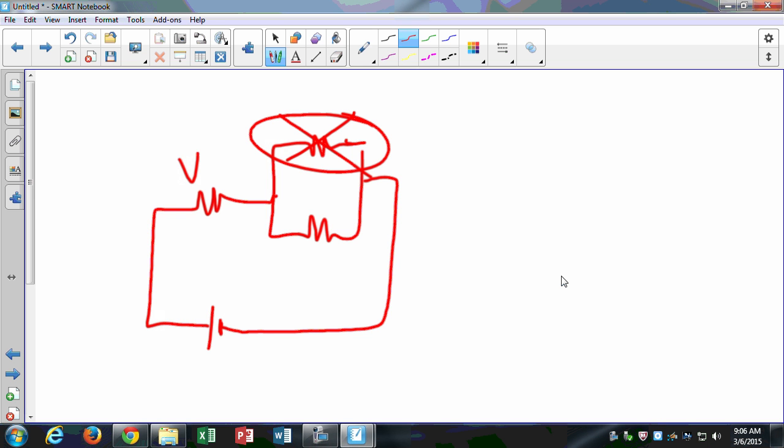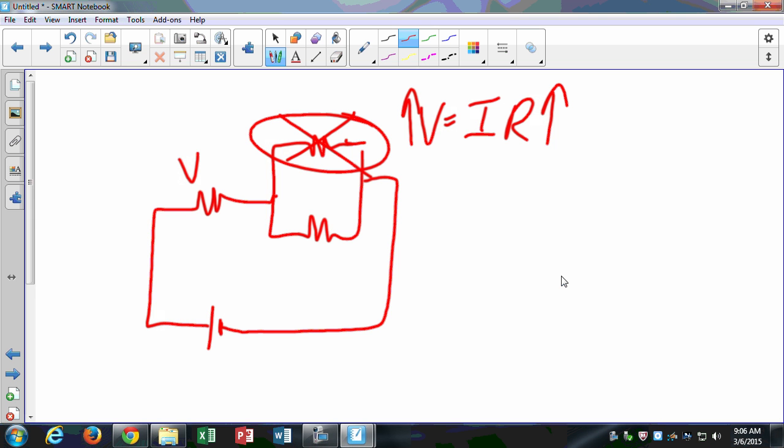If the resistance goes up, the voltage goes up. Remember, V is equal to IR. Now the current's going to change too, but my voltage here is going to go up.